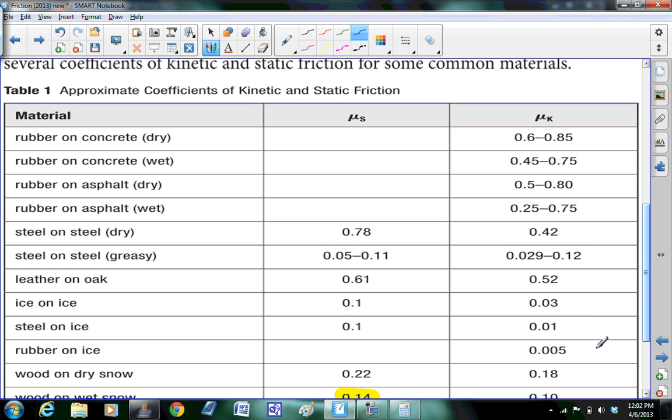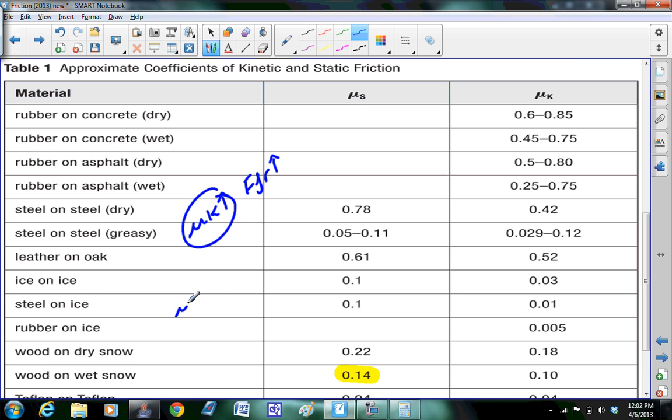So it tells you that there's very little friction when it comes to having rubber on ice. Just to summarize here, as the mu k increases, the force of friction for a given surface and given mass will increase as well. So it gives you a rough idea of the amount of friction that's present. And then you can calculate the actual amount of friction using this equation. I can plug in a number for the coefficient of friction.